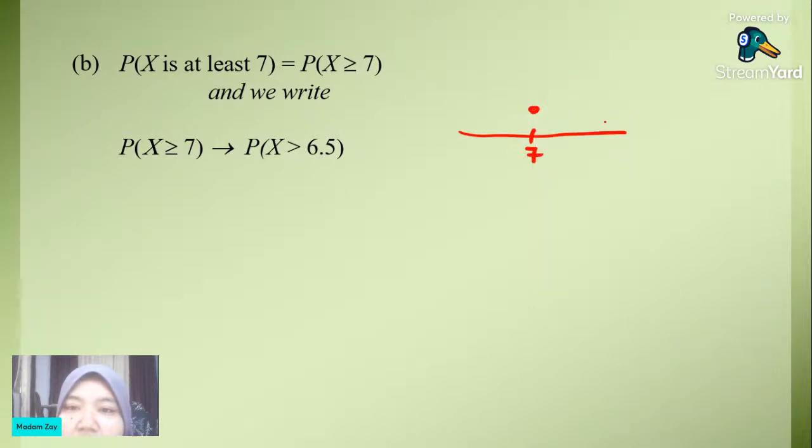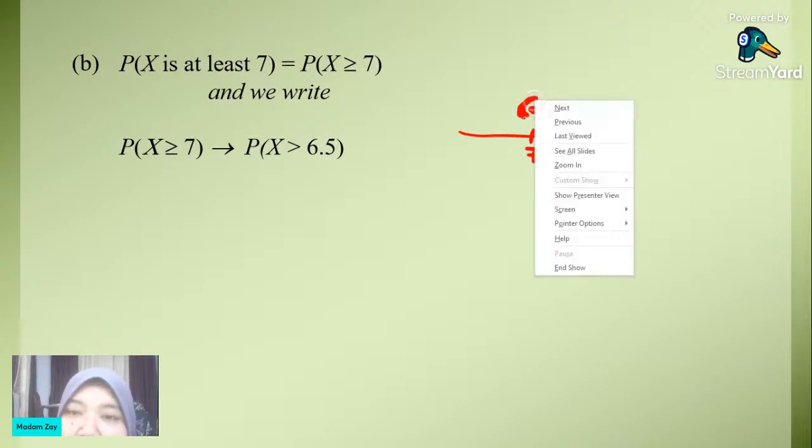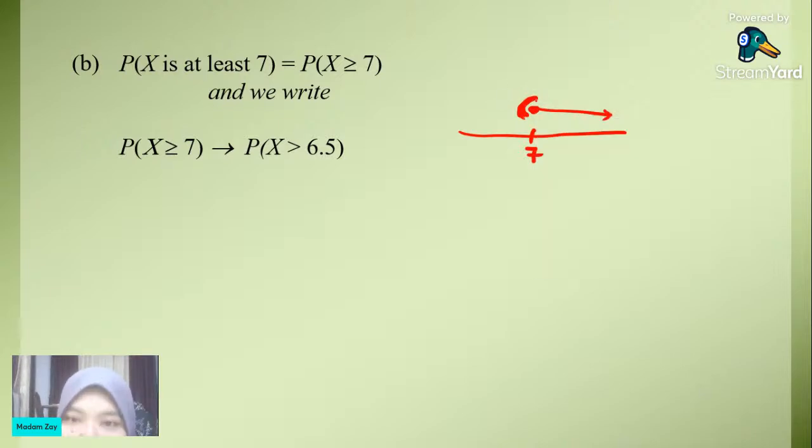Okay, what we need to do to make sure that 7 is included in the table? Because it's discrete, we need to make sure 7 is included. We have to take before 7. So for this continuity correction, we hug it from the outside because we need to make sure 7 is included.